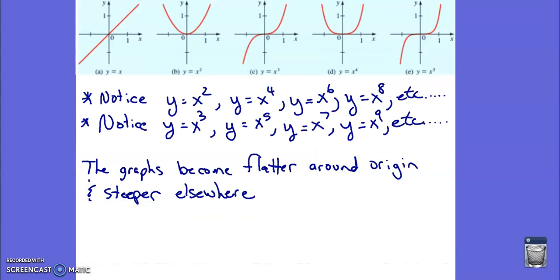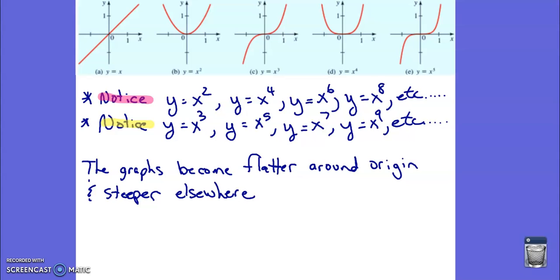So we've talked about parent functions. And if you notice parent functions, especially, we said this last time, x squared, x to the 4th, x to the 6th, x to the 8th, all the even exponents. And then the same thing with y equals x cubed, x to the 5th, x to the 7th, so all the odd exponents.